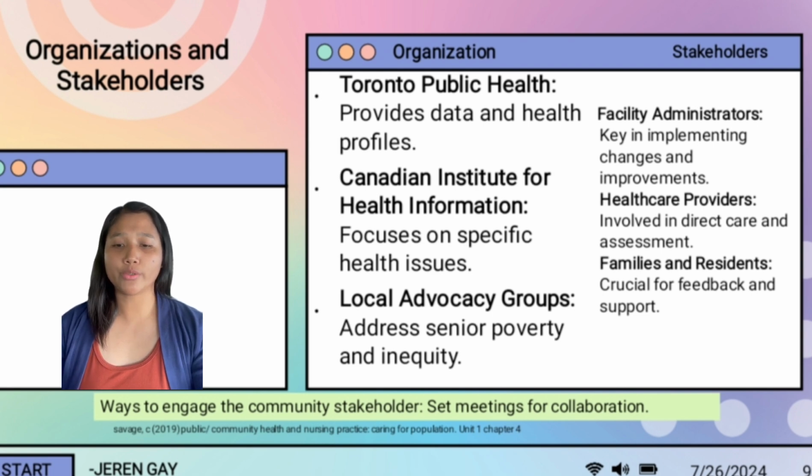Local advocacy groups also help to address the poverty and inequity among older adults that live in long-term care facilities in Toronto. To ensure proper communication with all the said organizations and stakeholders, we set regular meetings and provide them the necessary and up-to-date information.